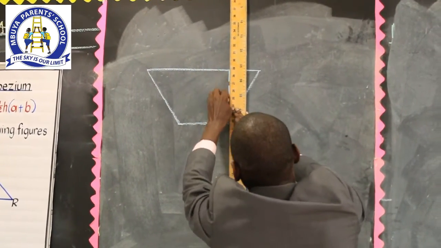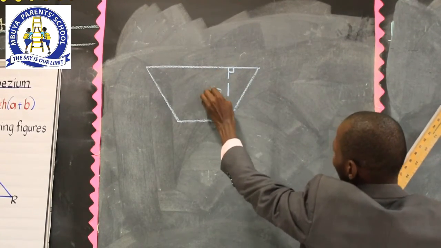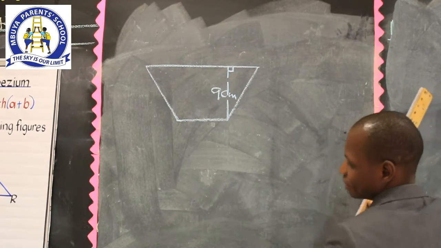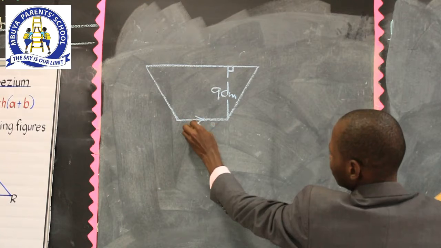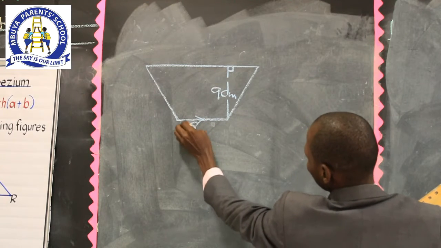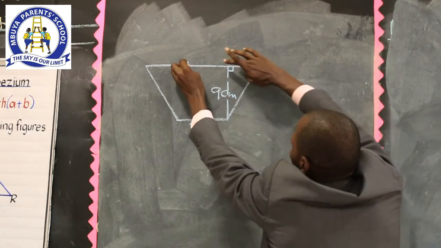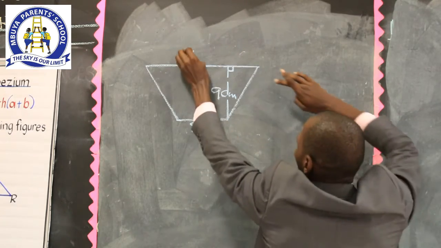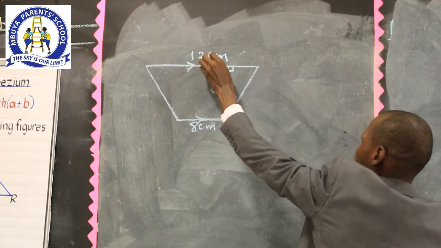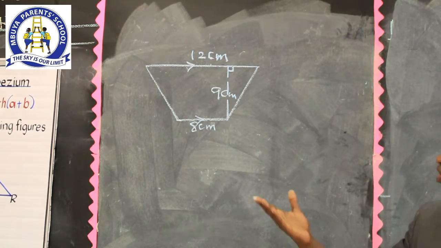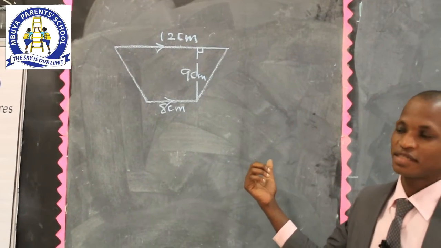It is given with the height of 9 centimeters and its down line here as 8 centimeters and this one as 12 centimeters. We shall straight away have the formula which guides us to the calculation directly.